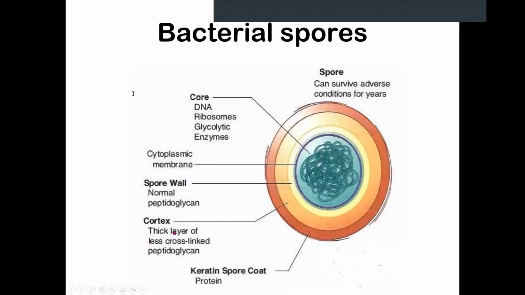It's the same material but a different structure, and the outside layer is a keratin layer, a protein. Now keratin, we've got a lot of it on us, for example our hair, our fingernails, and our skin cells have a layer of keratin to protect ourselves.